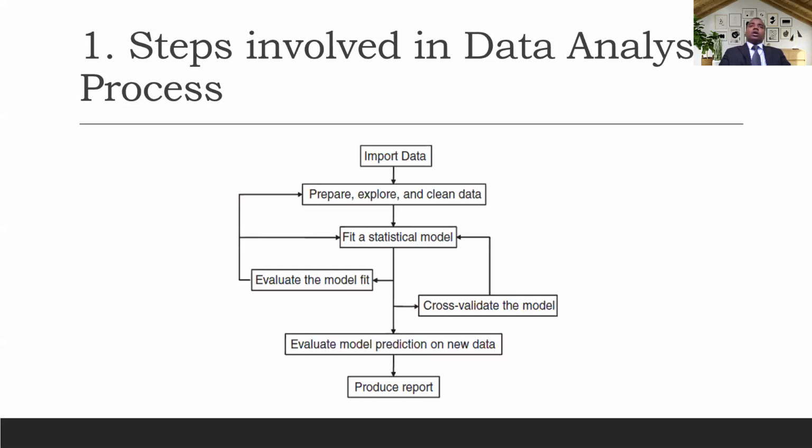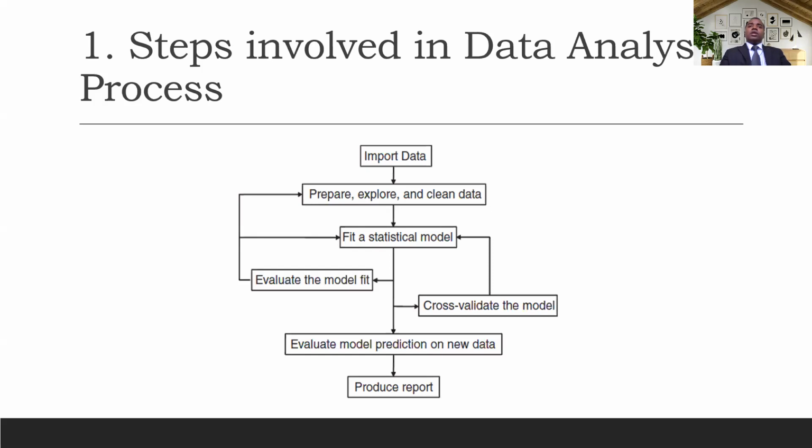Once we collect data, then we import, then we clean, then we identify which statistical model will fit this data. Let's say we have a data set, for example, the height of a plant and the water content in a soil. For these two variables, let's say your response variable here is the height of a plant, and the independent variable is water content in soil.